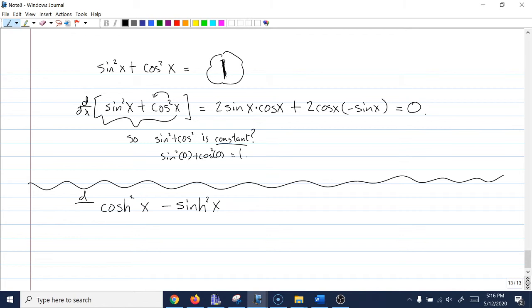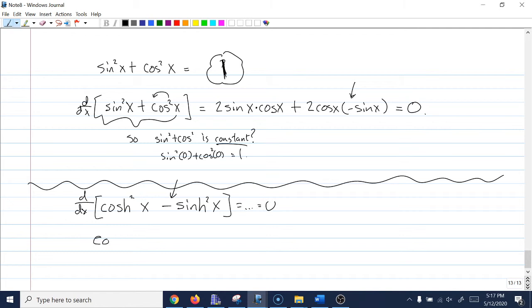If I take the derivative of this with respect to x, I guess I won't write it out because it's the exact same. I get 2 cosh sinh minus 2 sinh cosh. This minus sign isn't here, but it is here, and that's going to be the thing that causes it to be zero.